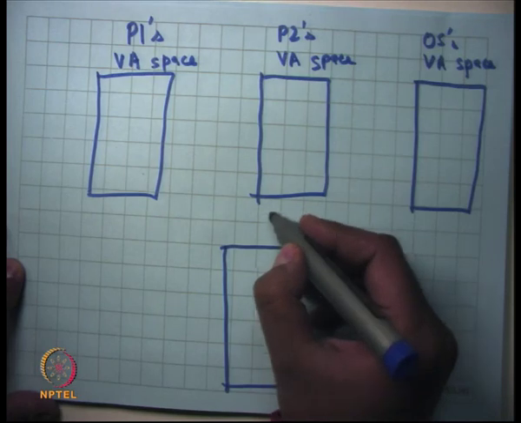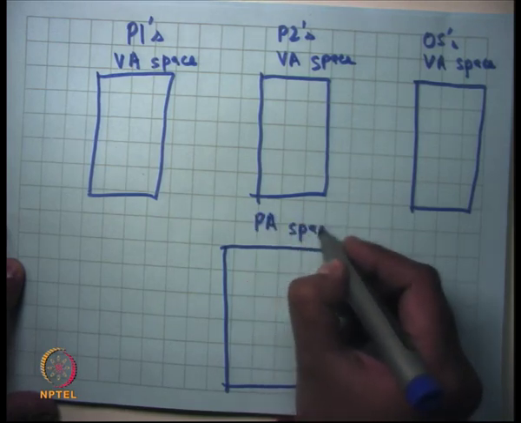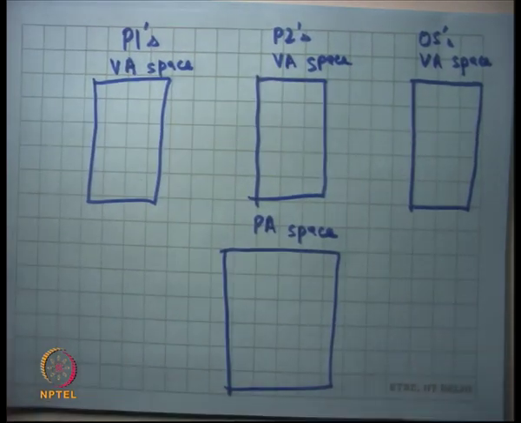So let me call it the physical address space, PA space, and we saw last time how the PA space is organized. There is BIOS, there are devices, and then there is actual physical memory inside the PA space, right.